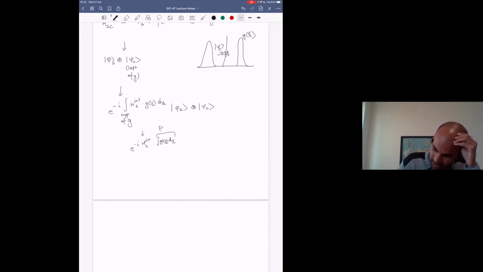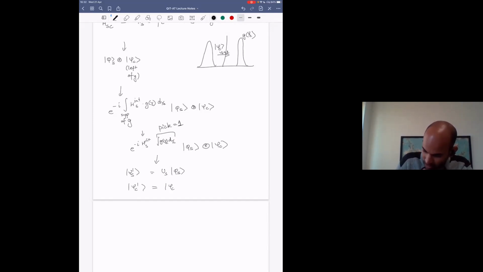As long as we pick this integral to be equal to 1, which is just a question of designing the potential so that the total integral is the constant we like, acting on psi system tensored psi clock, we get psi system final is just the unitary acting on psi system, and psi clock final is just psi clock translated.